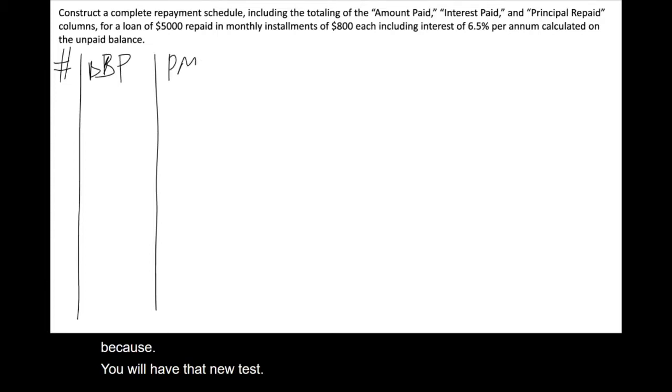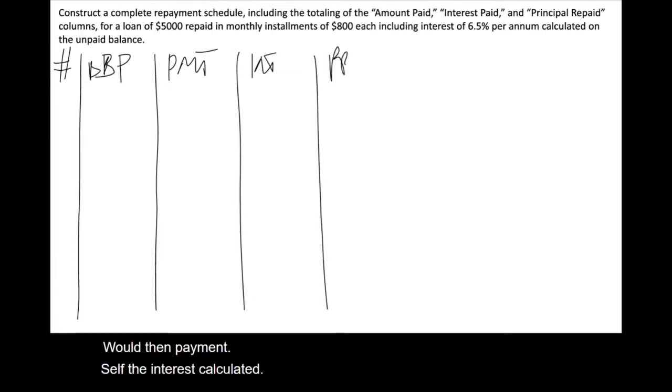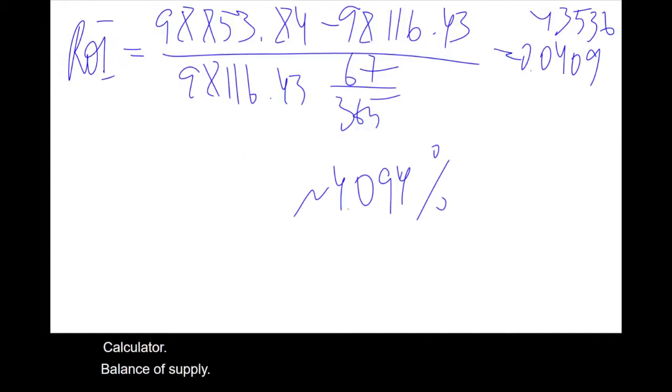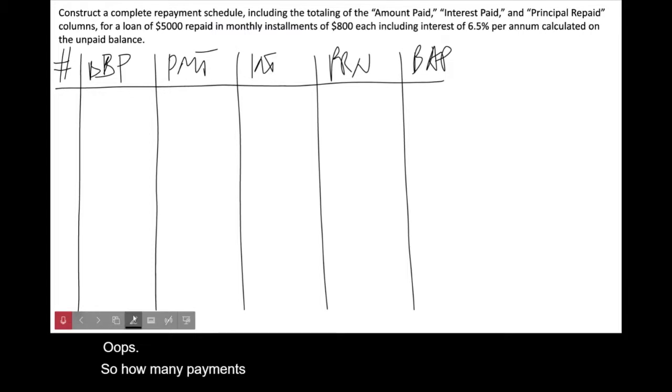And then payment itself, then interest calculated, principal calculated, balance after payment. Okay. So how many payments, guys? Any ideas?